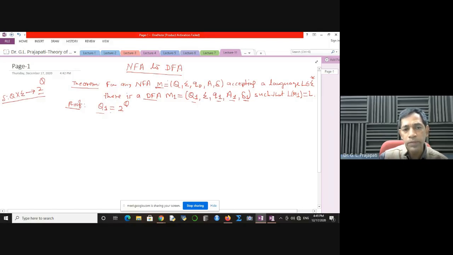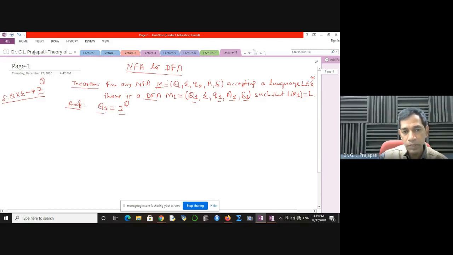However, you may have fewer states than 2^Q. Among all such 2^Q states, your DFA starts from the initial state and may not be able to visit all of them.